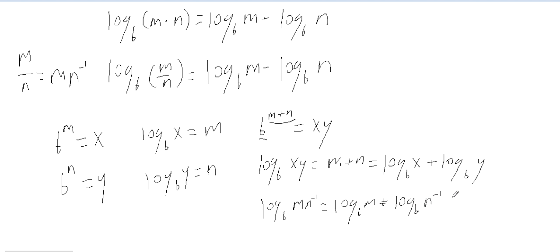Now, with the power rule, we know we can bring that negative 1 out in front of the log it's inside of. So this becomes log base b of m minus log base b of n. So that's the product and the quotient rule.